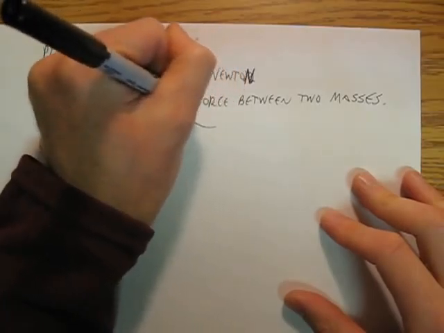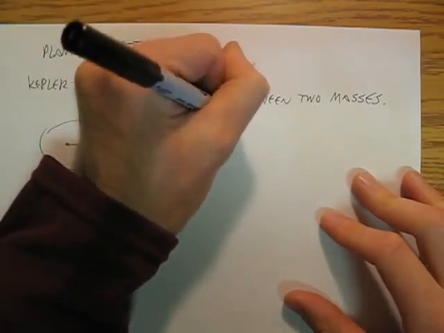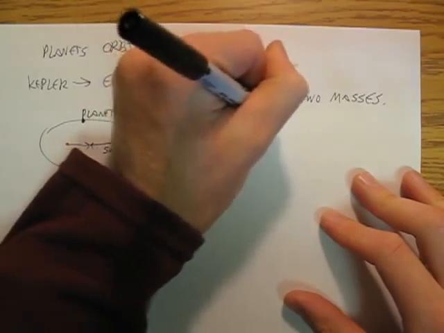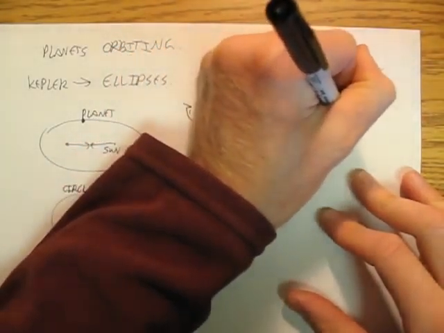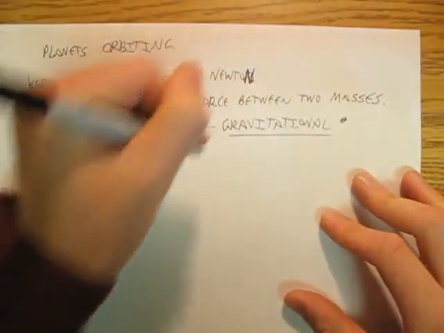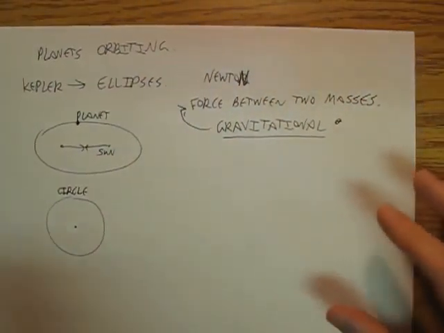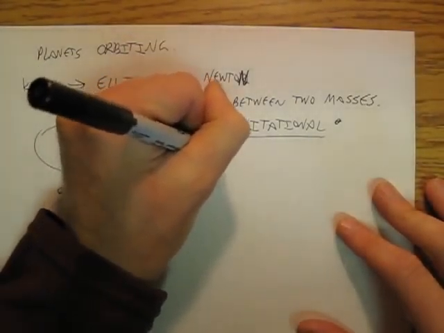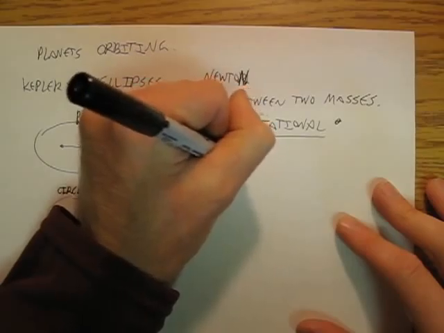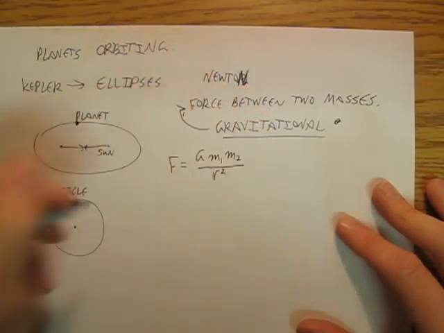I'm sorry, I should have thrown that back up there. The equation that he came up with was F equals G m1 m2 over r squared.